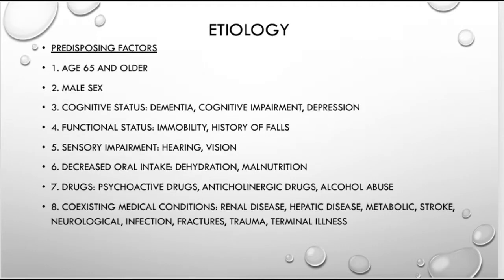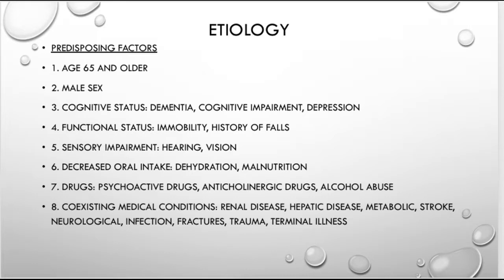Some of the etiologies and predisposing factors, like I said: age 65 or older, male sex, and cognitive status, so patients with dementia, cognitive impairment, or depression, which can be seen as a pseudo-dementia. Functional status: if they're immobile or have a history of falls. Obviously, any sensory impairment, hearing and vision.